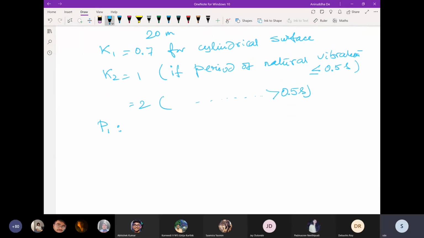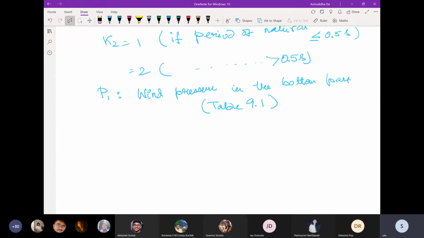P1 is wind pressure in the bottom part. You can refer table 9.1. In table 9.1 of your book, the values of wind pressures are given. Okay. D naught is outer diameter of the vessel.